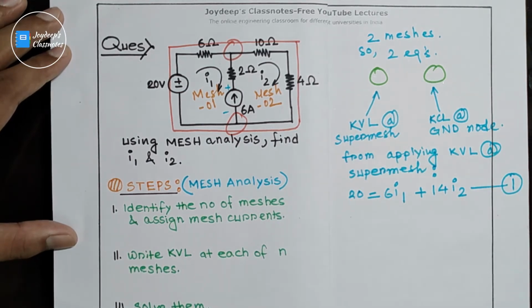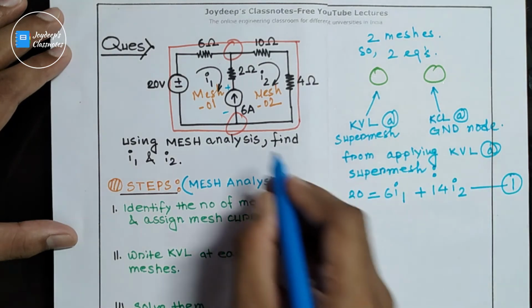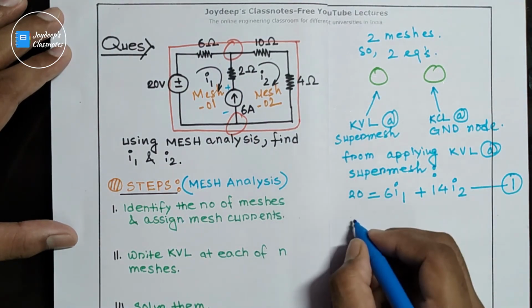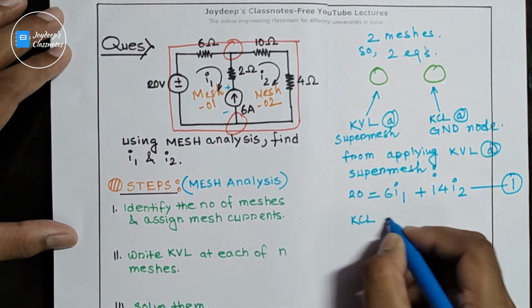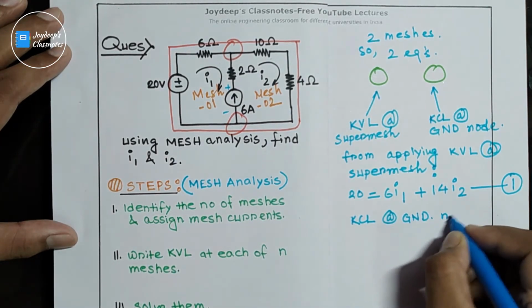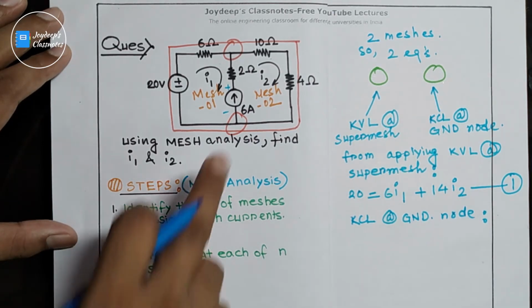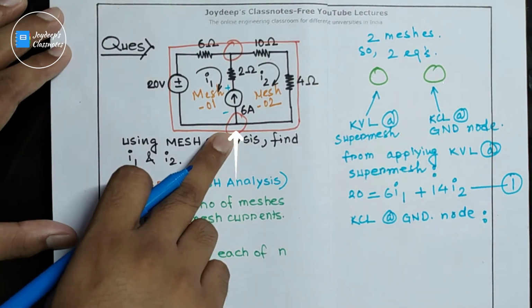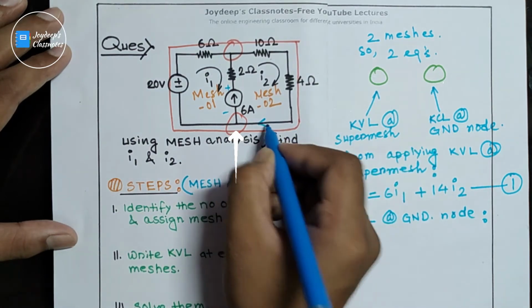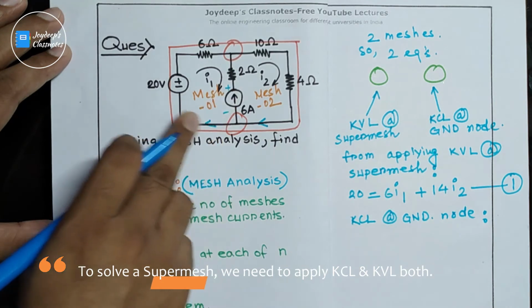Am I clear? Now another equation will come from applying KCL at this node, the ground node. If we apply KCL at this node, in this direction I2 is flowing, in this direction I1 is flowing, right?